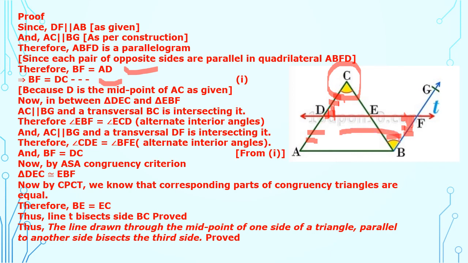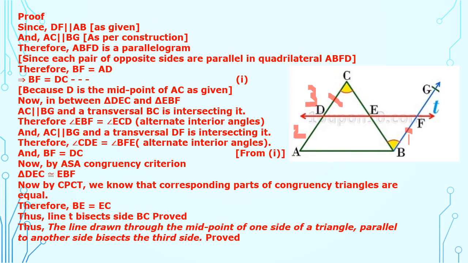See, these two are equal and this is equal. So, therefore, this and this side are equal. See, 1 is equal to 2, 2 is equal to 3. Therefore, 1 is equal to 3.